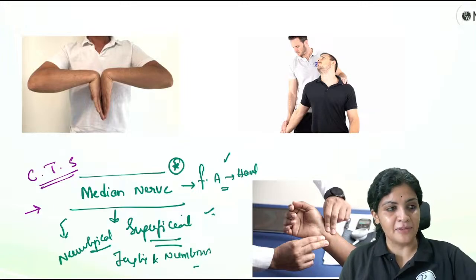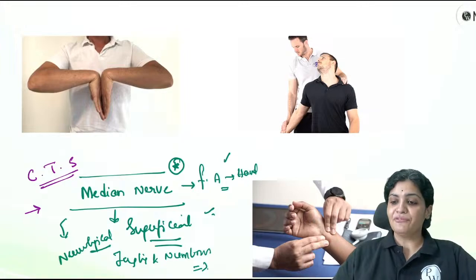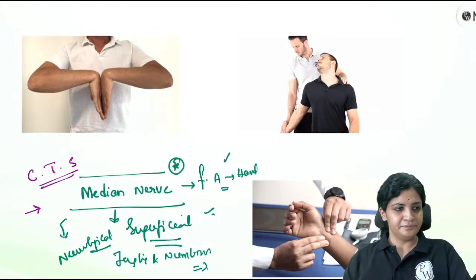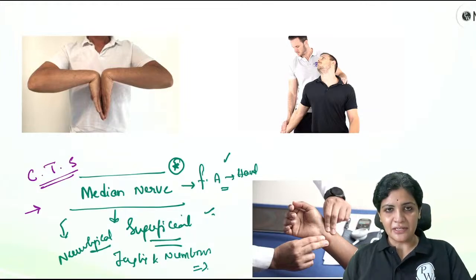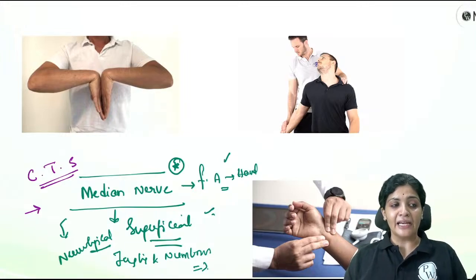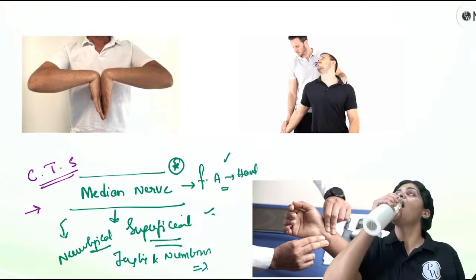Which area will have tingling and numbness? For that, you have to understand the supply of the median nerve. The supply of the median nerve is to the 3.5 fingers, right? These 3.5 fingers on the lateral aspect, that is the thumb, the index, and the middle finger, will have tingling and numbness.